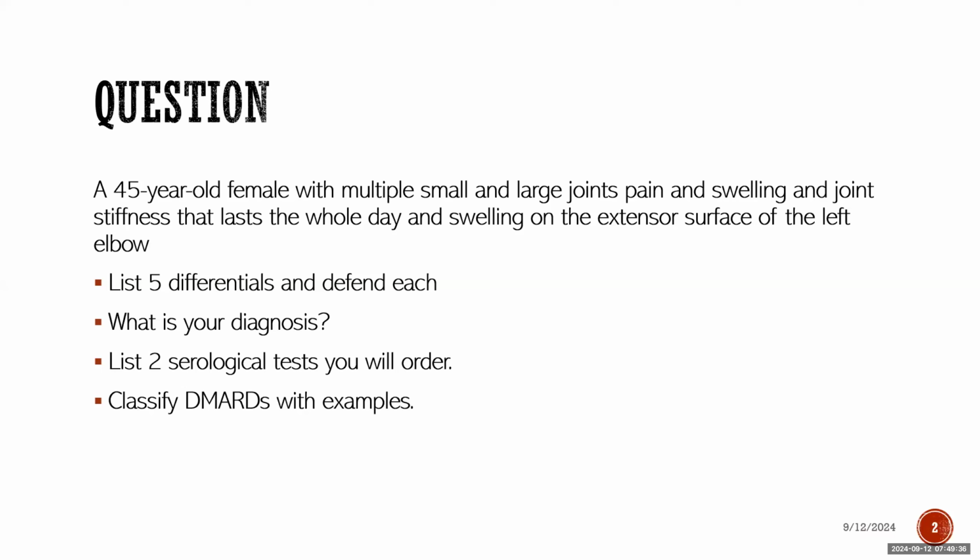So typically, you see that more in rheumatoid arthritis and psoriatic arthritis. Most other ones would not extend the whole day. So that's also a particular feature. Then the commonest site for the rheumatic nodule is typically the extensor surface of the elbow.